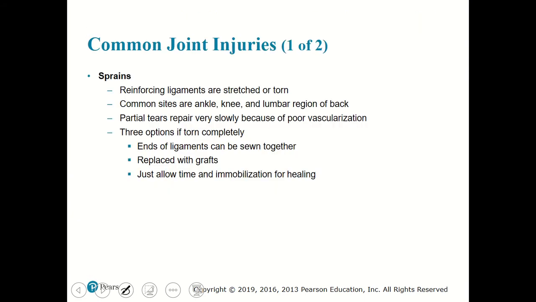Okay, so what is a sprain? It's either a ligament gets overstretched or a ligament gets torn. So in fact, some of those knee injuries that we just saw here with ligaments are actually sprains, right?